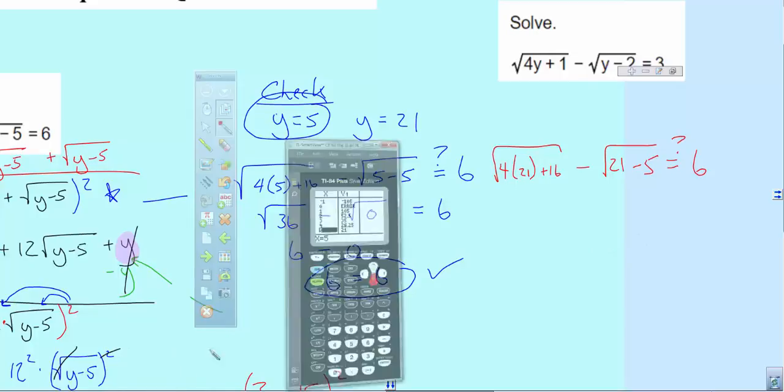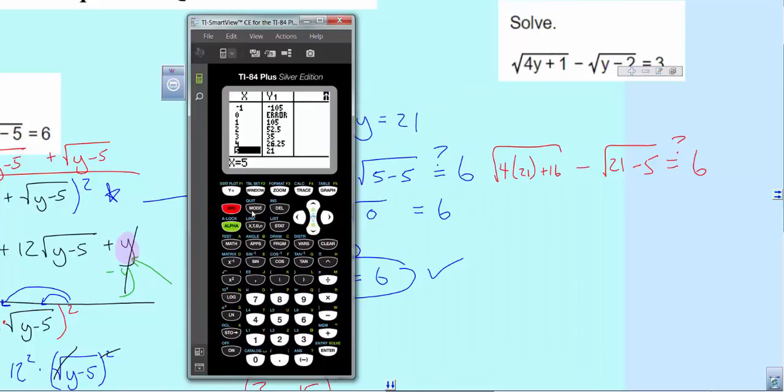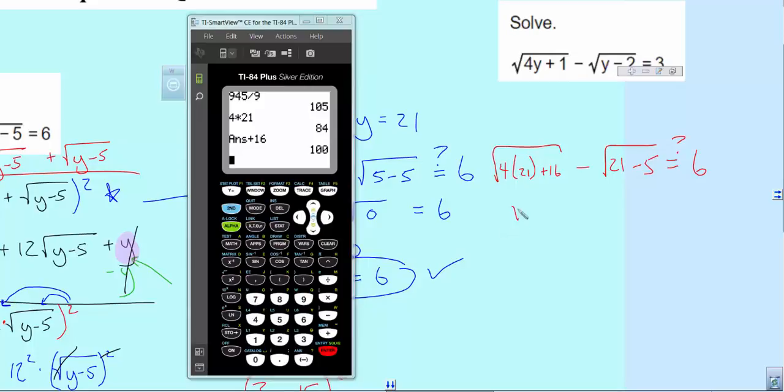Alright, so I'm not 100% sure. 4 times 21, just make sure I do it right, it's going to be 84, plus 16, so that's the square root of 100 minus the square root of 16, and the question is that 6? Well, the square root of 100 is 10, minus the square root of 16, which is 4, and sure enough, 6 equals 6, check.